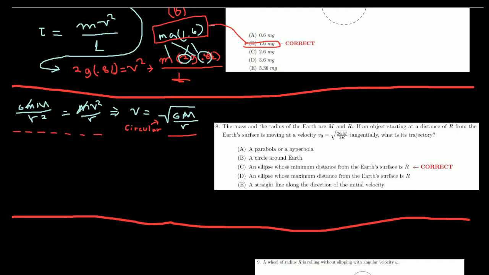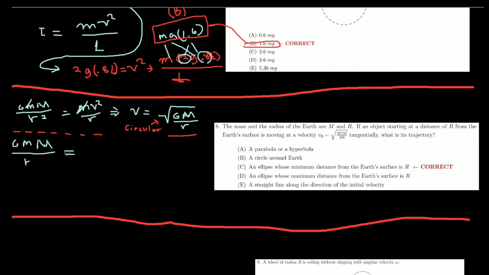Now for our escape velocity, we could just use energy. So we have gMm over r. And remember, the reason why gMm over r is really similar to gMm over r squared is because gMm over r squared is basically force, right? And force times distance equals energy. So we're just multiplying by r again. That's why the r squared is gone and is replaced by r by itself.